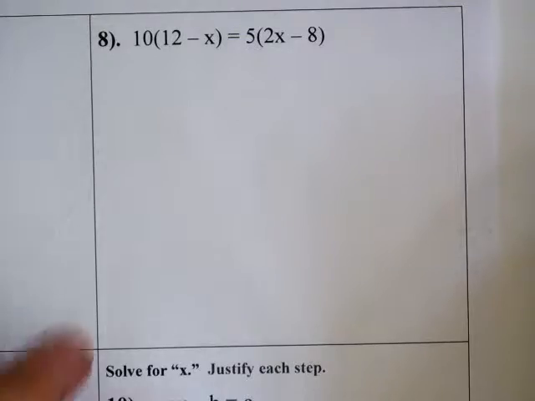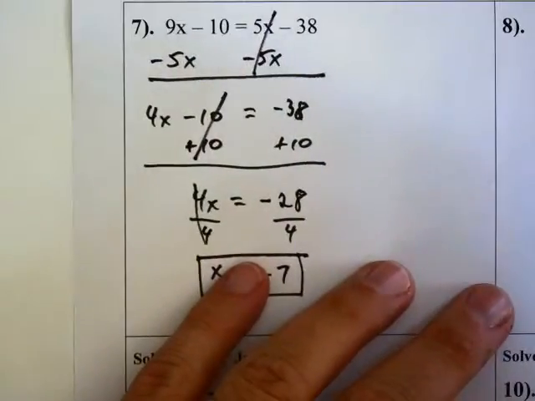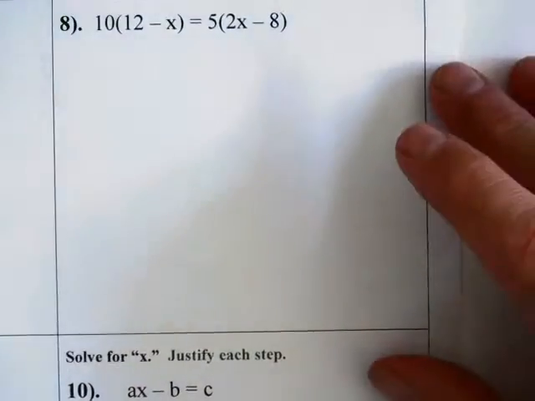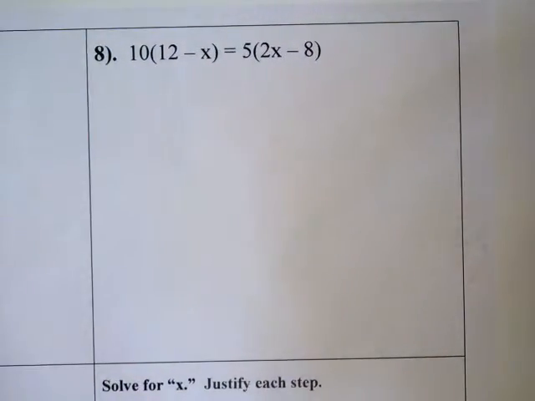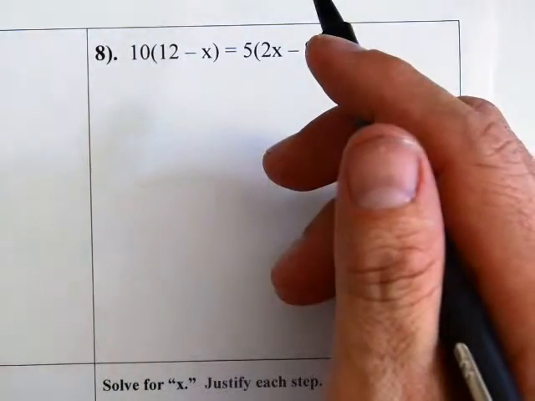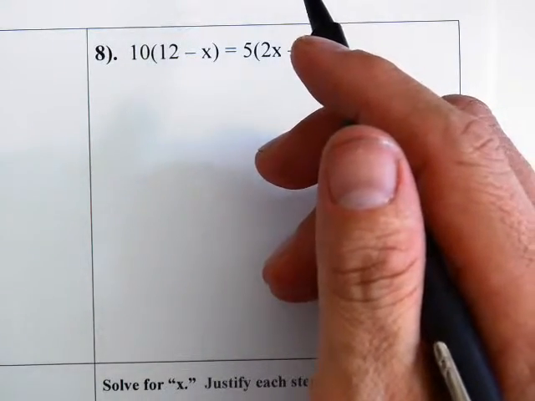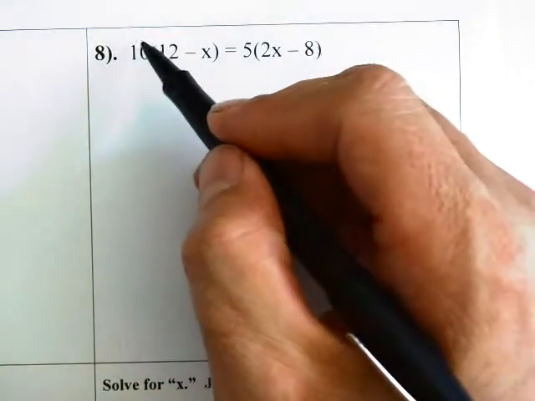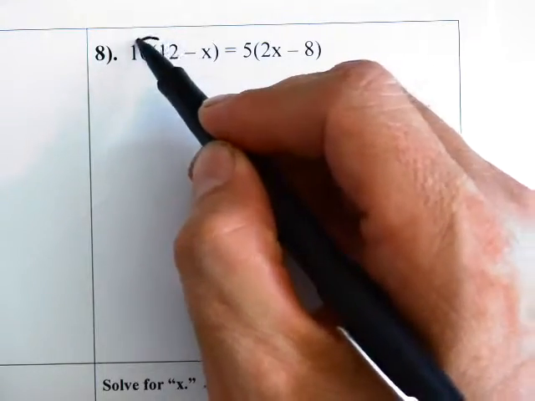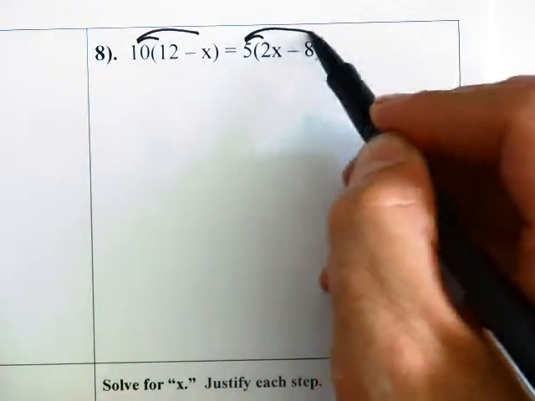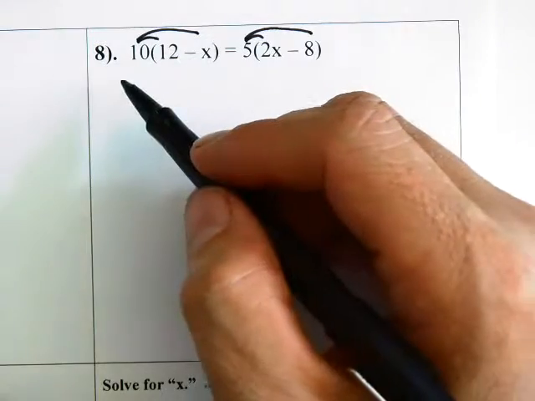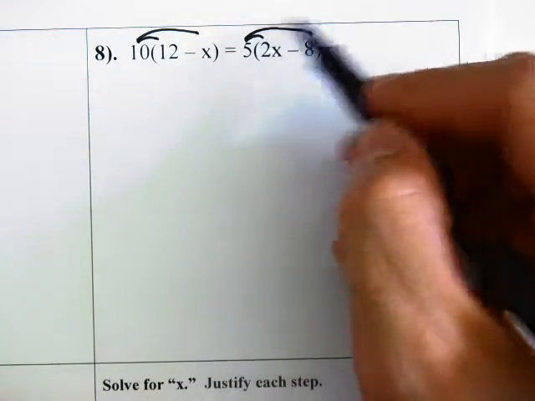Number 8. Number 8 just looks very similar to 7, right? But we have those numbers outside the parentheses, and so we're just going to get rid of those real quick in one step, and then we will be back to what number 7 looked like. So how would I do that? Numbers outside of parentheses means multiplication, so I'm going to distribute the 10 and distribute the 5.